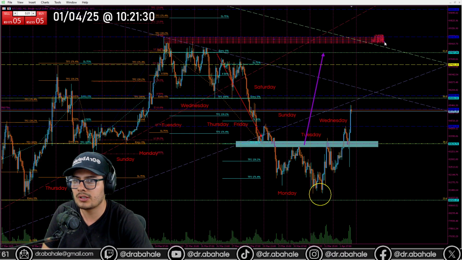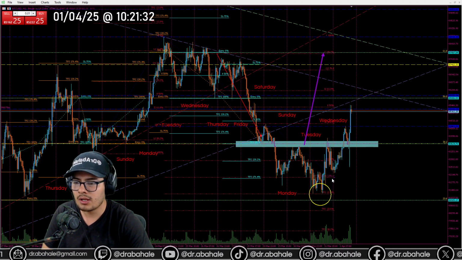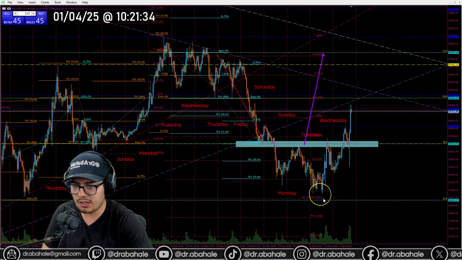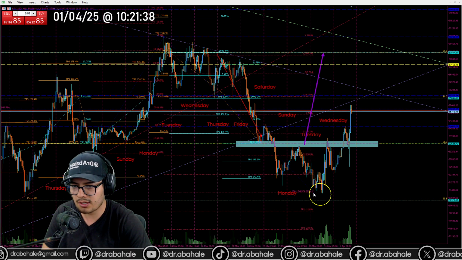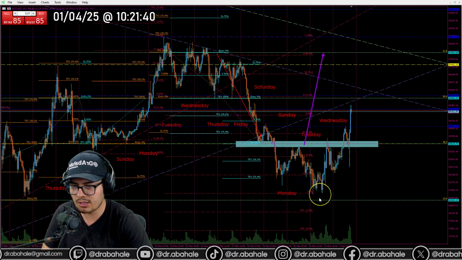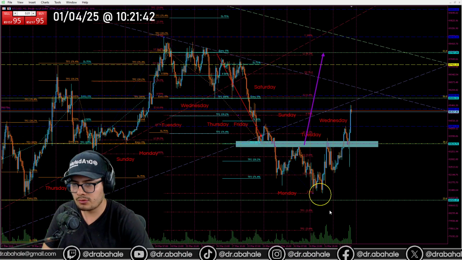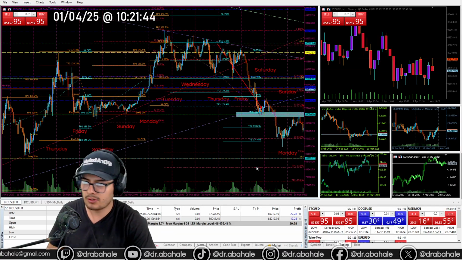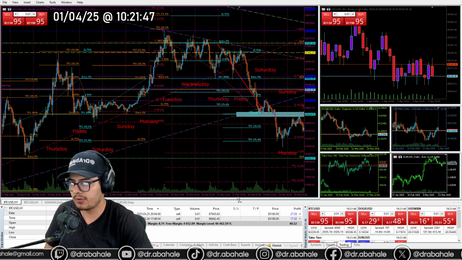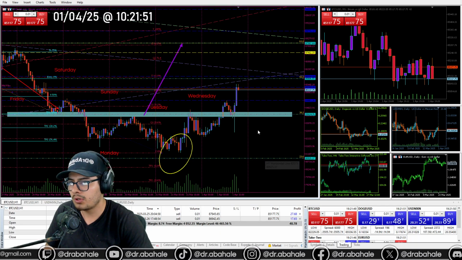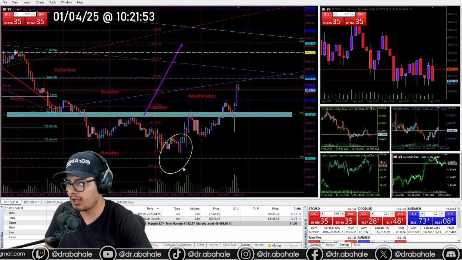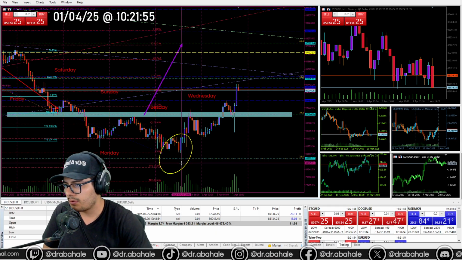So we put the 100% there, and we put the 0% in the lowest candlestick, which would be this, I guess. We need to be more specific, so let's go to the technicals.